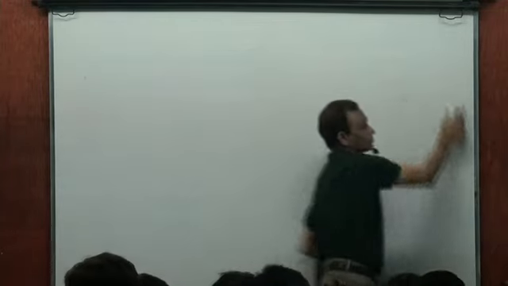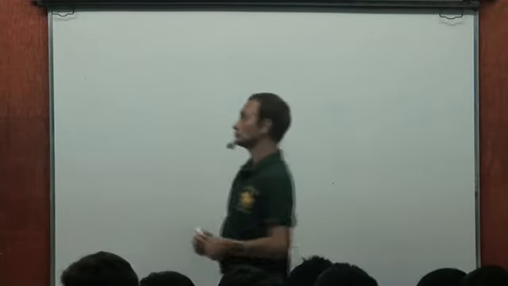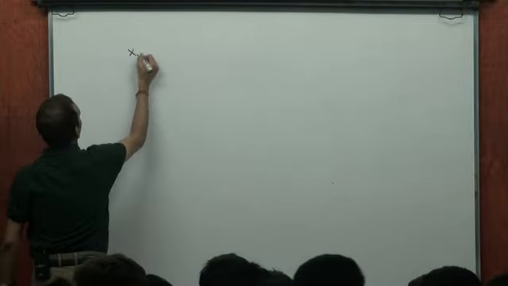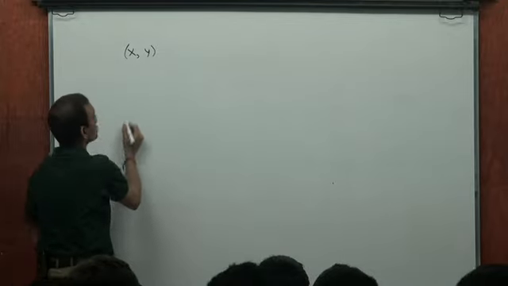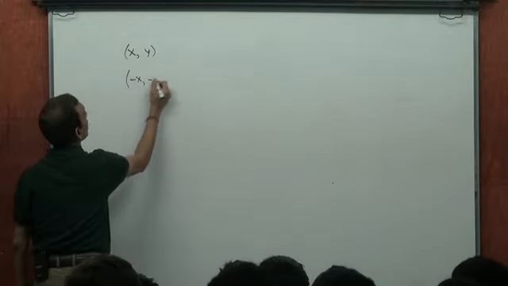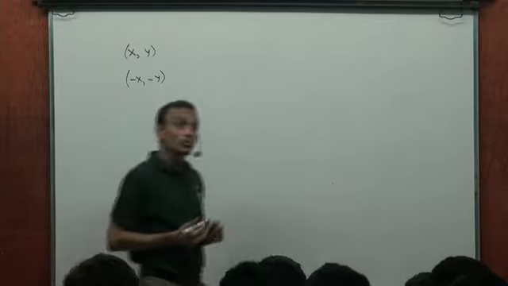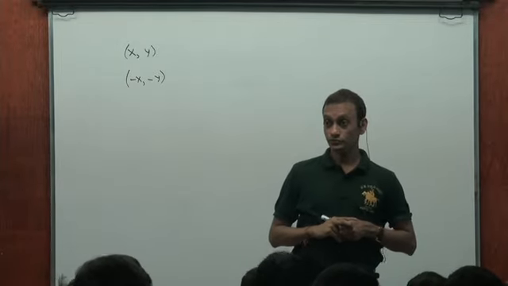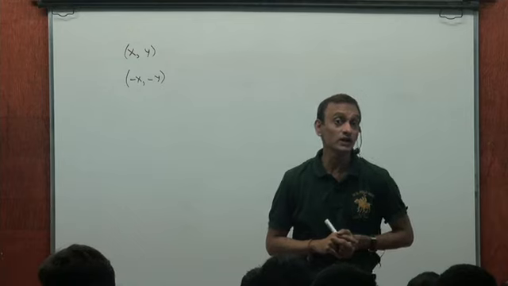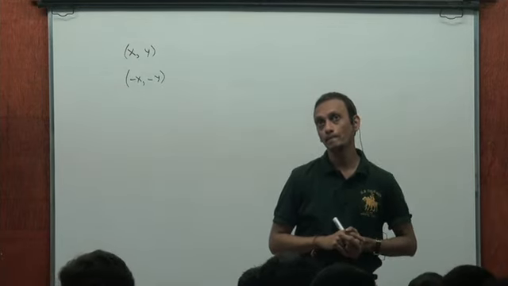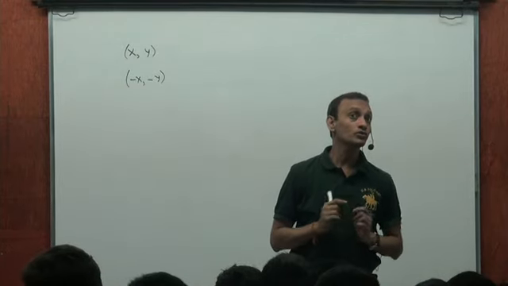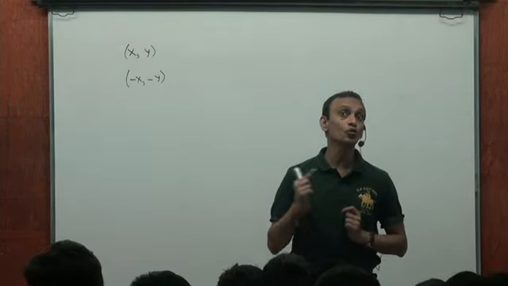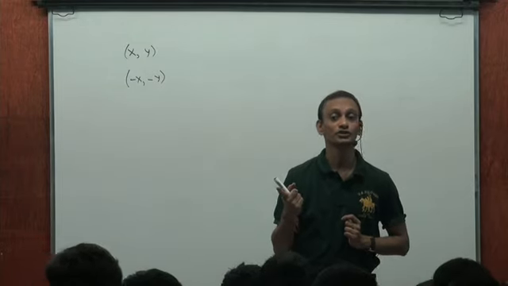Also, if (x, y) is a point on the curve satisfying the equation, and you find that (-x, -y) is also a point on the curve, then what it really means is the curve would be symmetric about the origin in opposite quadrants.